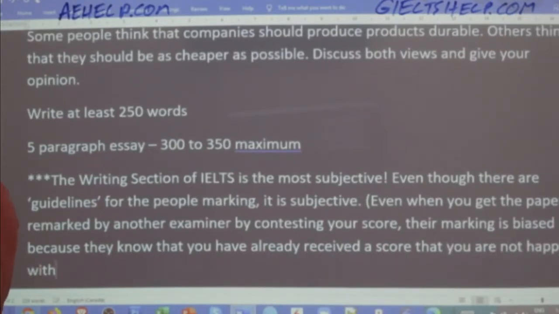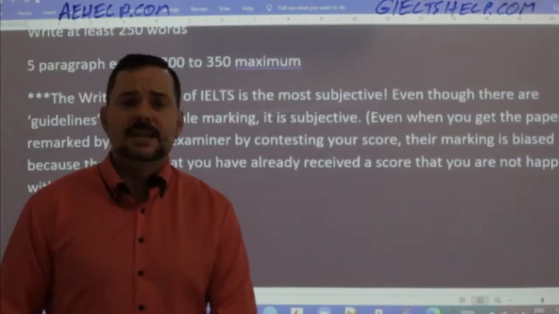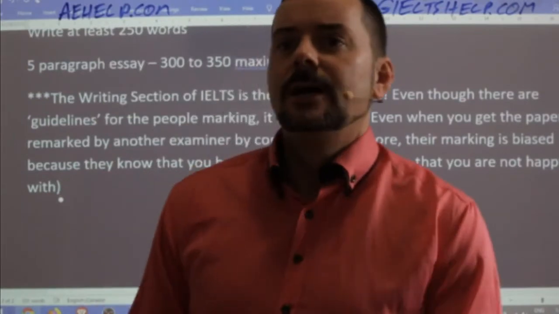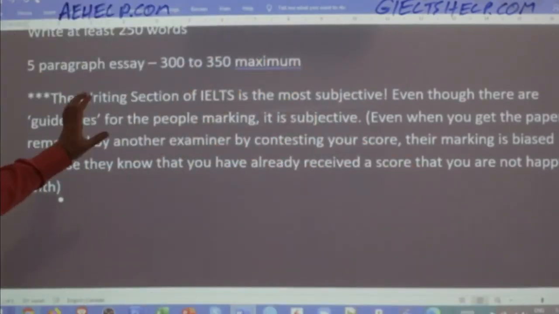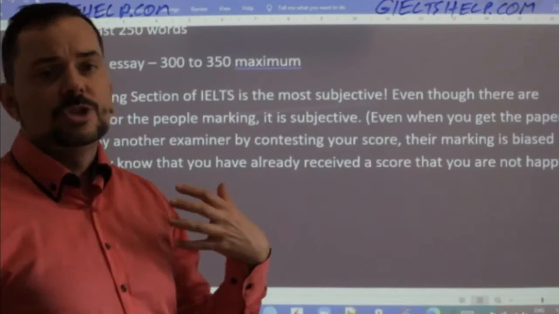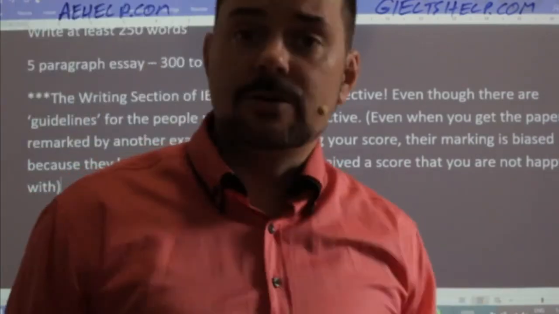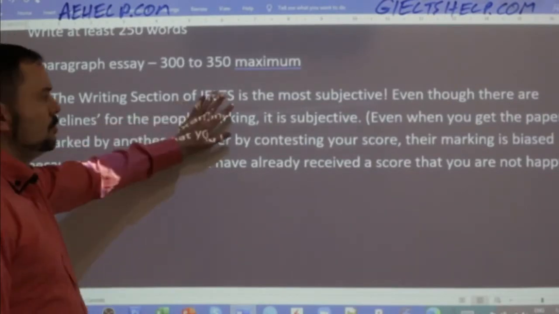So I'm sure that IELTS does the best they can to stay objective. They do their best to try to give you an honest opinion. They are an institution which prides themselves on integrity, and that's important. But the writing section is arguably the more subjective.